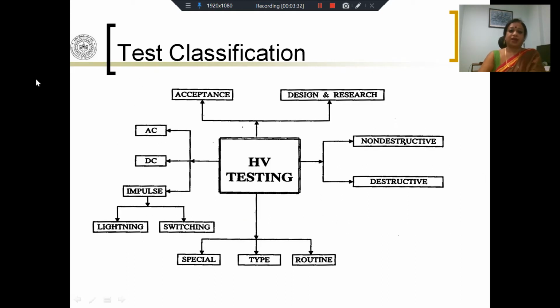So therefore, we can look at the various kinds of tests that we are talking about. High voltage testing can have two outcomes. One is acceptance and the other is design and research. From the manufacturer or the customer's point of view, when an equipment passes a test, you are willing to accept it as properly designed.